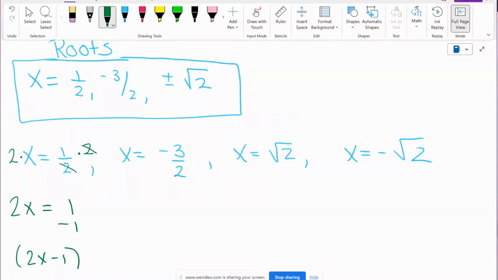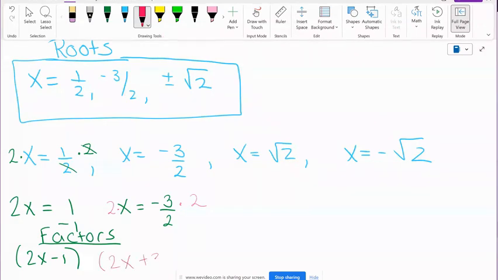All right, same idea. So these are our factors now. Here we have x equals negative 3 halves. What should I do? Multiply by 2. Good. And then add that 3. So we're going to have 2x plus 3.